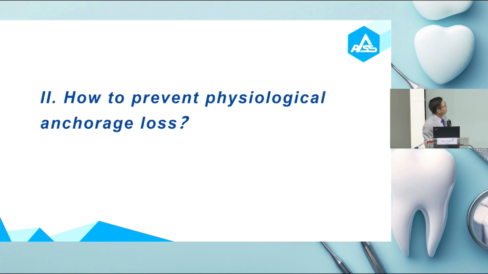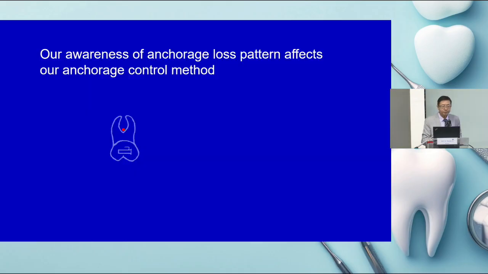In the second part, I will introduce how to prevent physiological anchorage loss. Our awareness of the anchorage loss pattern affects our anchorage control method. If we think molar anchorage is lost in this way, by parallel movement, how can we prevent this kind of movement?